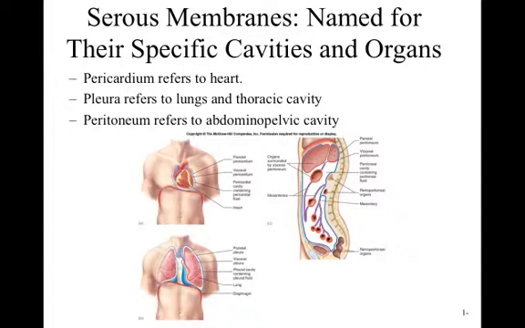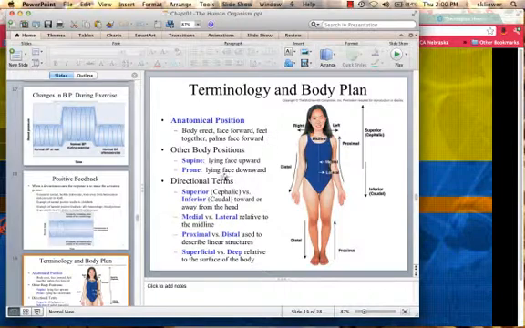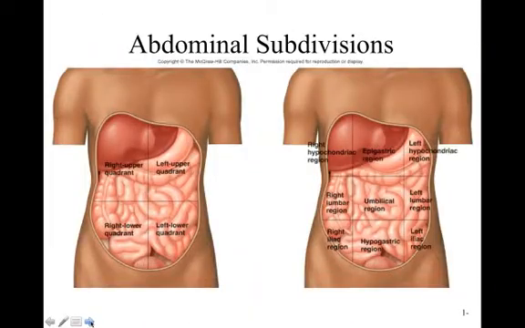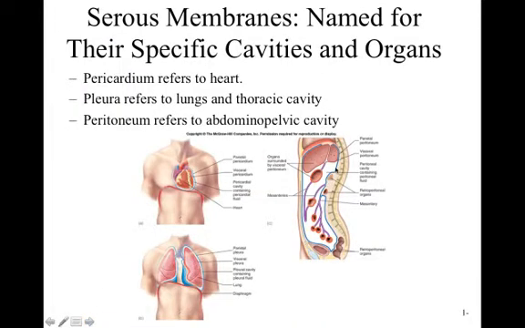There are some organs. Right here, you can see in that picture where the peritoneum is. You can see that blue line is the peritoneum, along with the purple line.